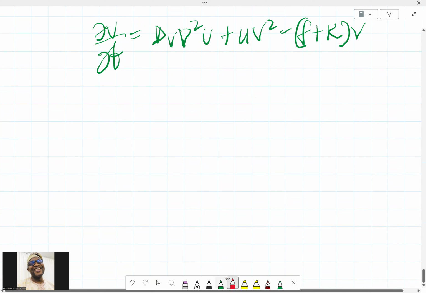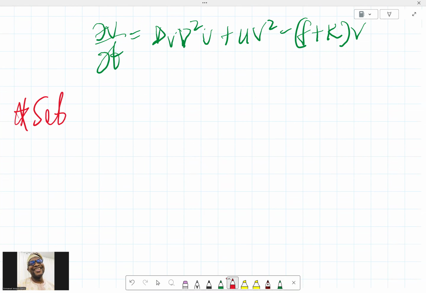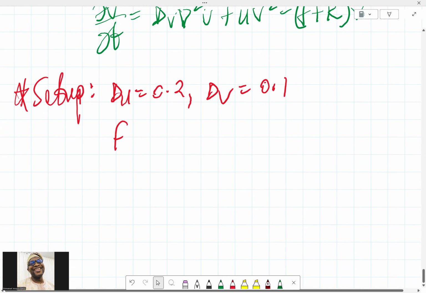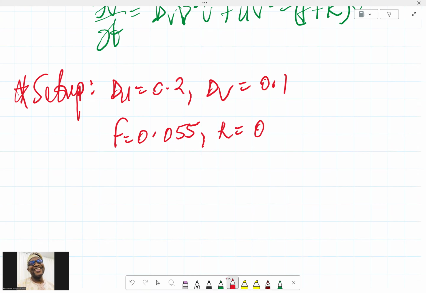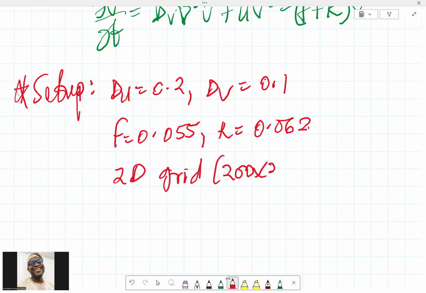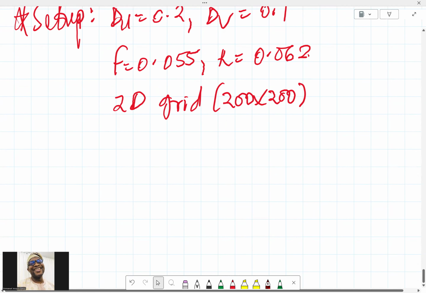So you can then imagine a setup like this: du is 0.2, dv is 0.1. Then the F you see up there is 0.055, and K is 0.062. Then we have a two-dimensional grid which is 200 by 200. Again, we talk about initial conditions.